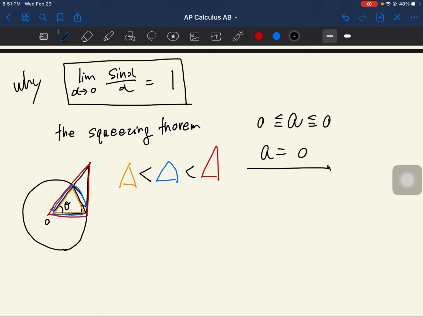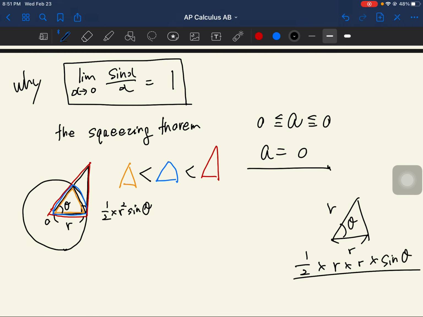Let me put this angle as theta. The area of the orange triangle, where the radius is r, is going to be 1/2 times r squared times sine theta. Because if you have a triangle like this, you can calculate the area using 1/2 times radius times sine theta.